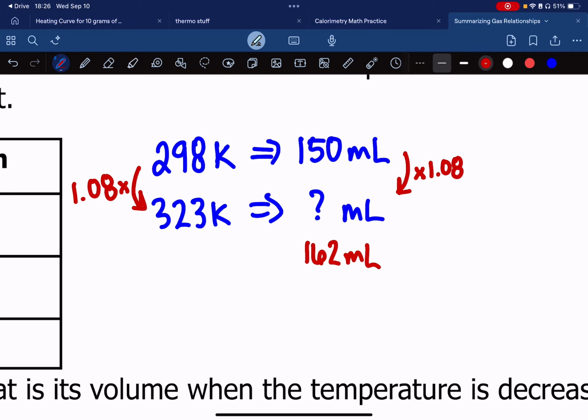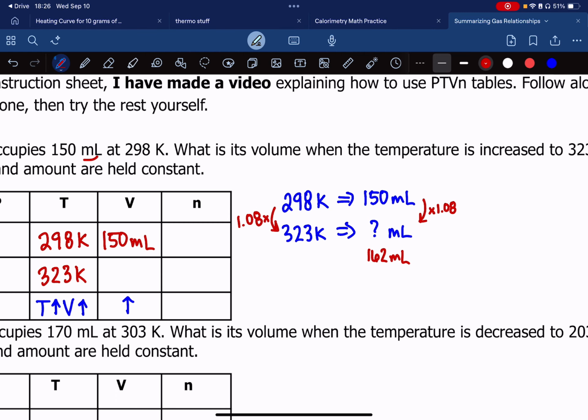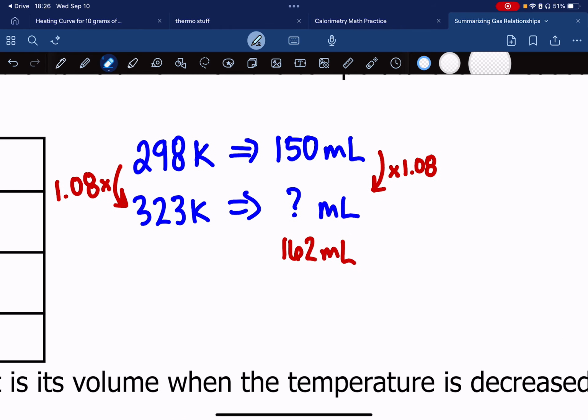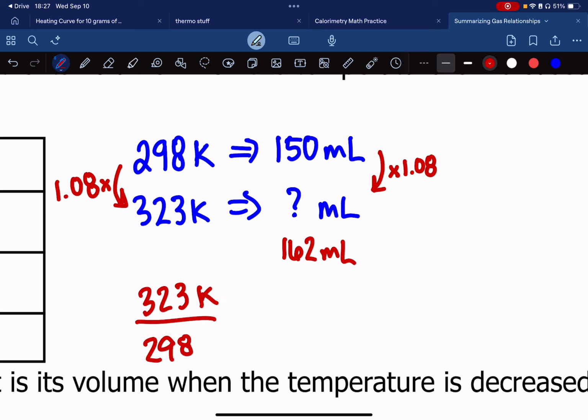All right, so that is the same way we've been doing math for the whole school year, right? Since we did density, we've been doing math like that this whole time. But I want to stop for a second, and I want you to pay attention to the specific steps that we punched into our calculator. The first thing we punched in our calculator, remember, was we needed to find the scale factor, this 1.08, and we did that by taking 323 divided by 298.